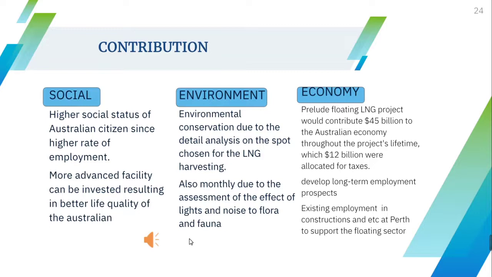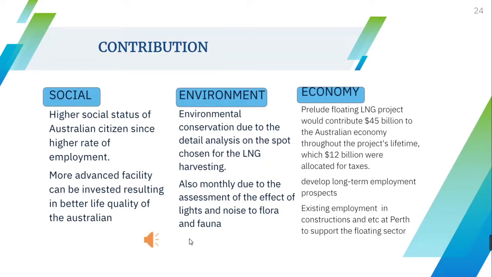In the economy contributions, the Prelude floating LNG project will contribute $45 billion to Australia's economy throughout the project's lifetime, of which $12 billion will be allocated for tax. This will also give and develop long-term employment prospects for Australians.